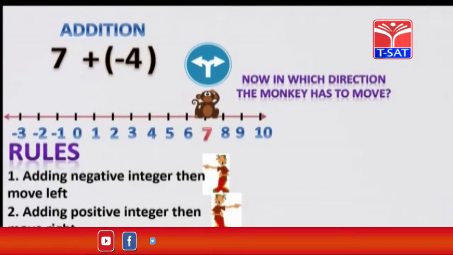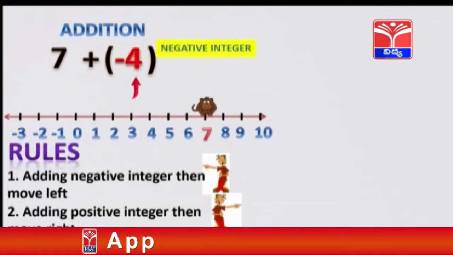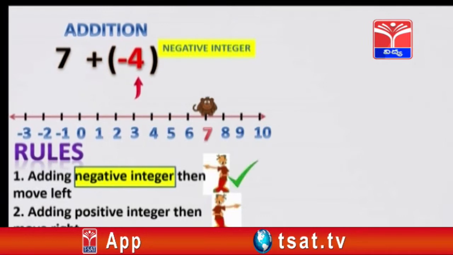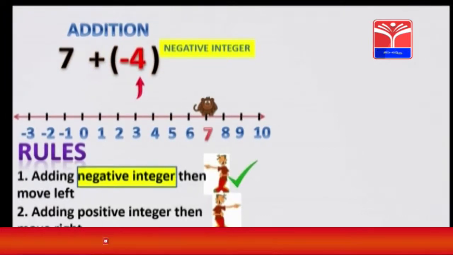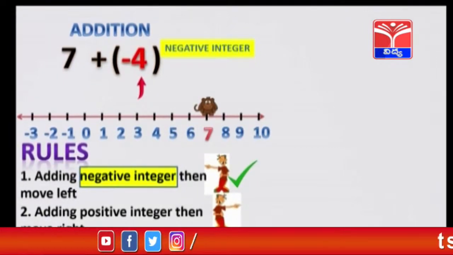This is simple. Now look, what number are we adding in this question? It is -4, a negative integer. So clearly we should move left.